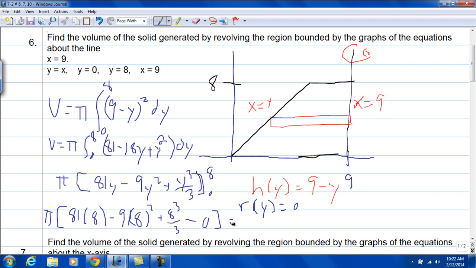So that's going to be what? Put in my handy dandy calculator: 81 times 8 minus 9 times 8 squared plus 8 cubed divided by 3. Let me put this in, fraction or exact mode.